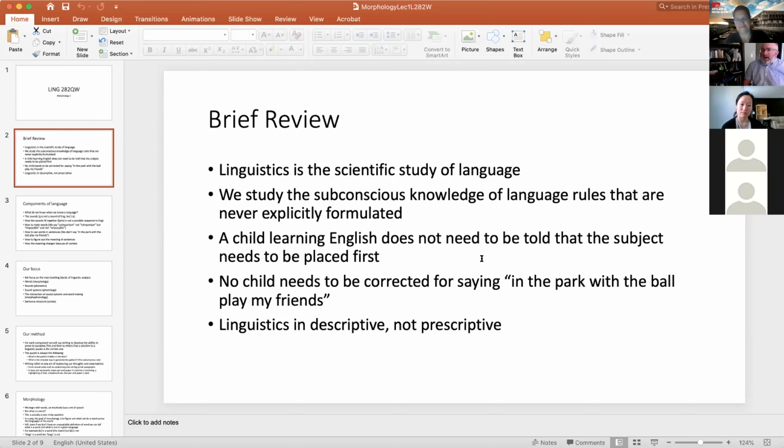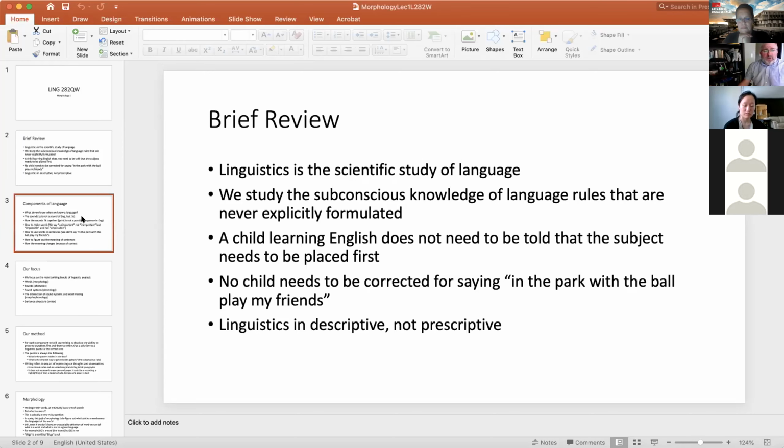These are only small aspects, and most children produce copious amounts of language without any error. You'll never hear a child making a mistake such as in the park with the ball, play my friends. It just doesn't happen.